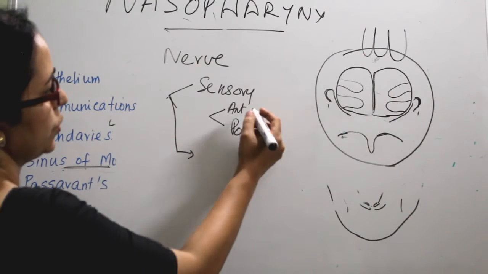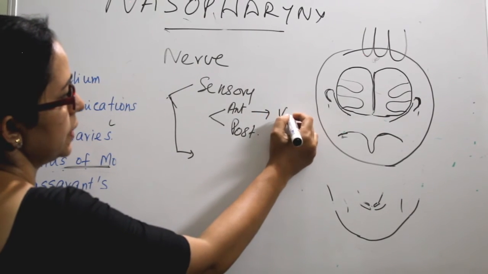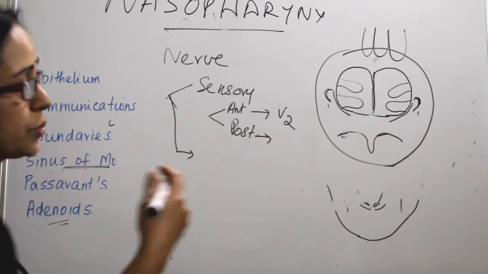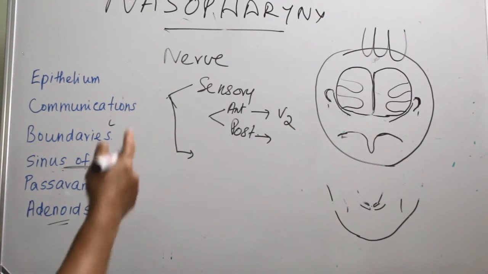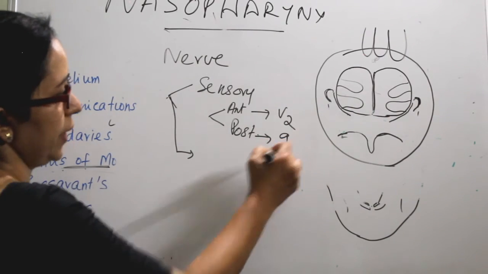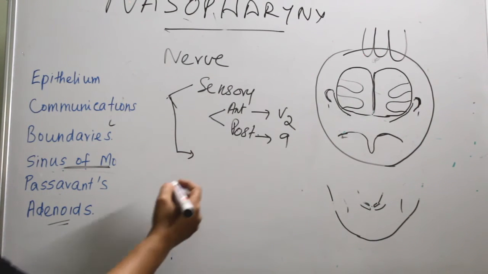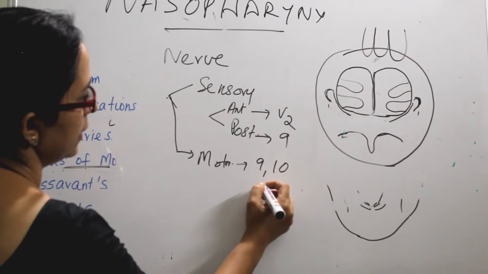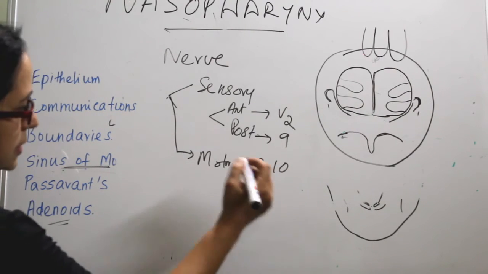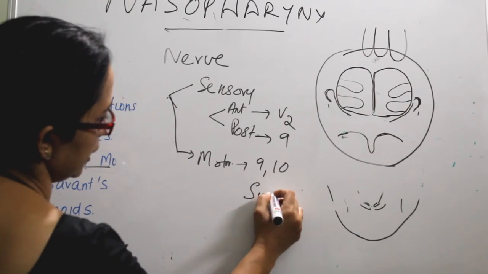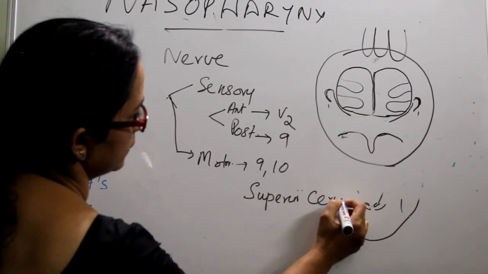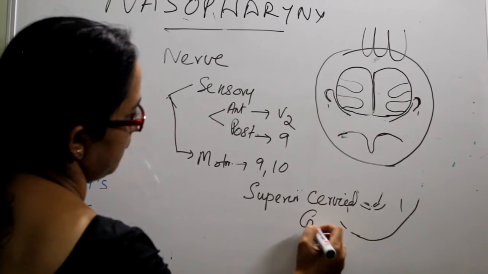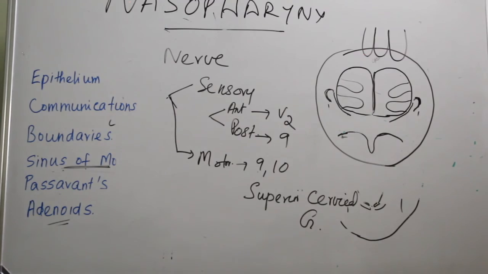Anterior to the Eustachian tube opening, you have the trigeminal through V2, and posterior to it, the sensory supply is by the glossopharyngeal. The motor supply is by 9 and 10, and you also have the sympathetic plexus from the superior cervical ganglion. This is regarding the nerve supply.